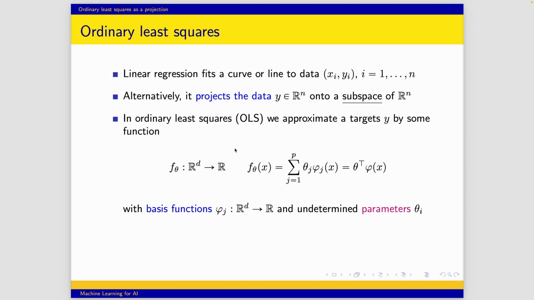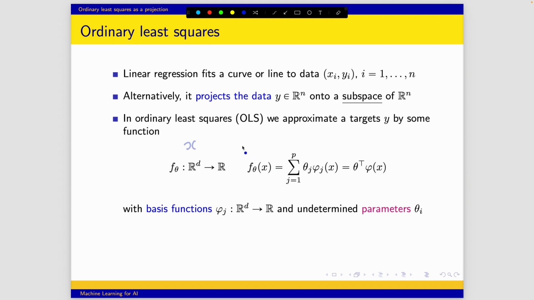So we want to be able to predict y for a given x, and we introduce some sort of function in order to do that. It's a function of x, so it maps from our input space. We're assuming that our xi's, a general x, let's say, lives in Rd, it has d components. And this function has to map from the space in which these x's live to the real line. So it's a real valued function.